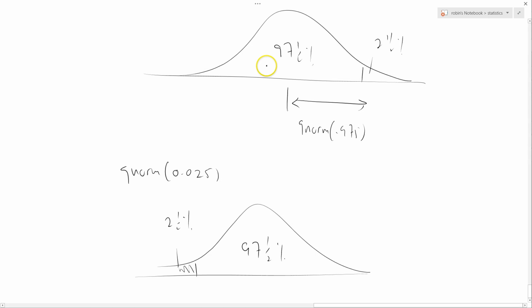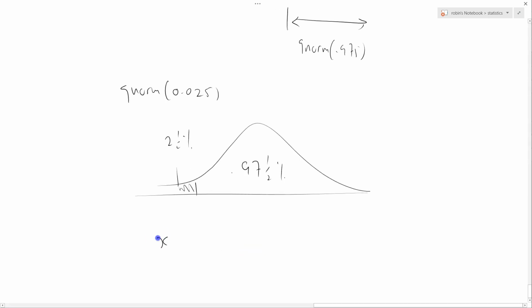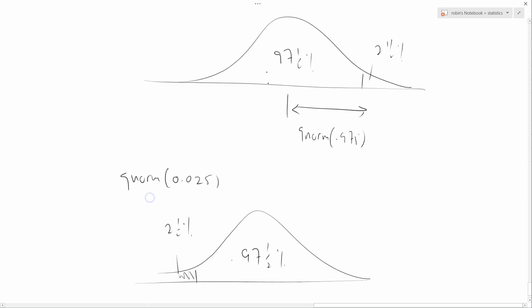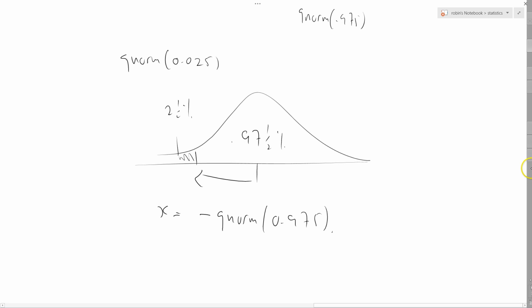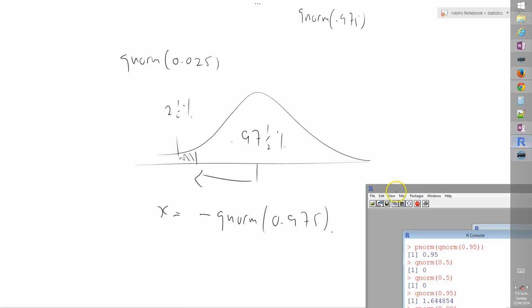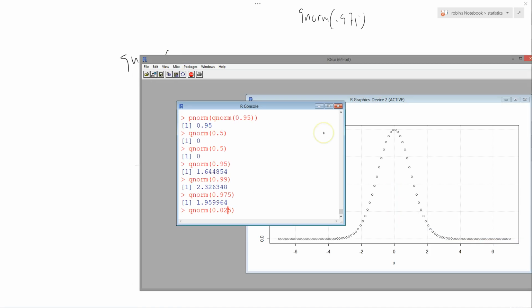So that's a mirror image of this picture here. So that means that x equals minus qnorm of 0.975, because we're going as far down from 0 in this picture as we are up, so it's a negative relationship. I'll just verify that here. What we're expecting is minus 1.959964. There we go, minus 1.959964.